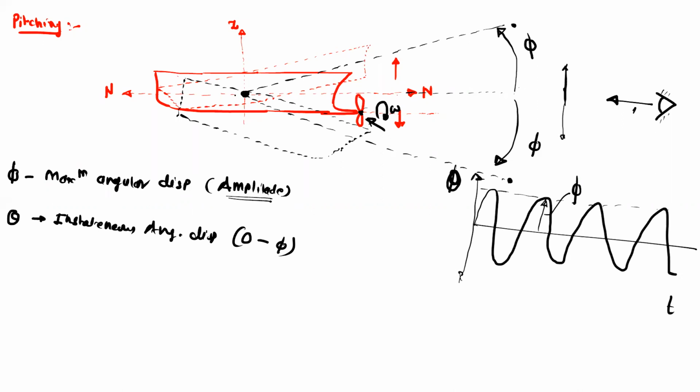So if you draw this diagram in 3 dimensions, this is the z axis, and this is the horizontal axis.